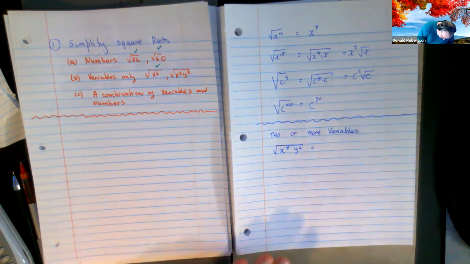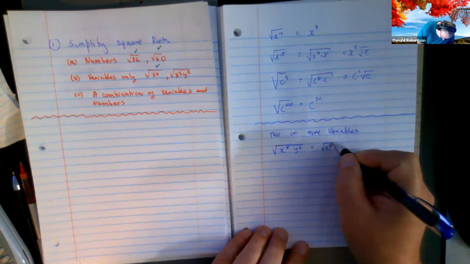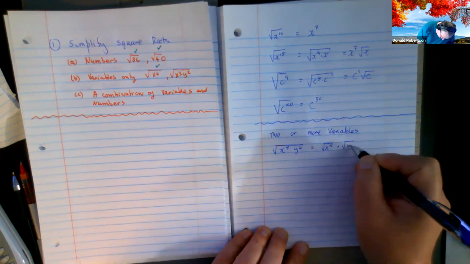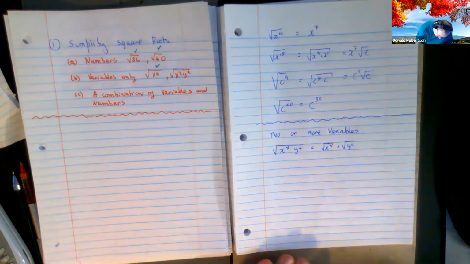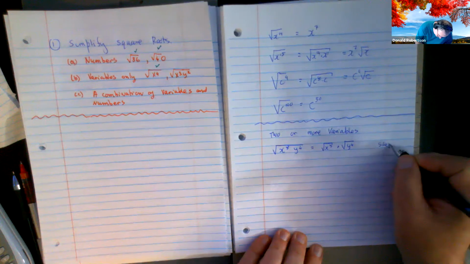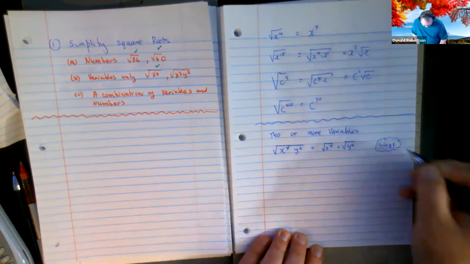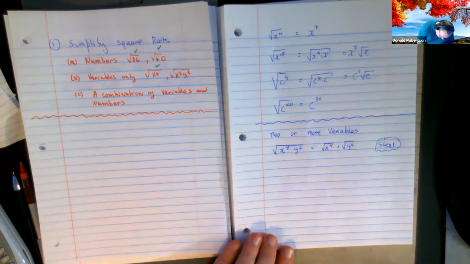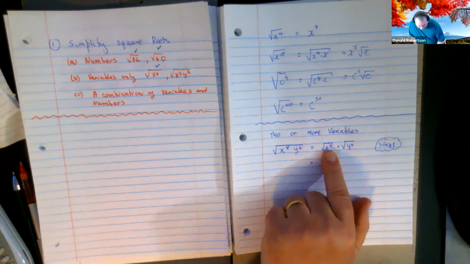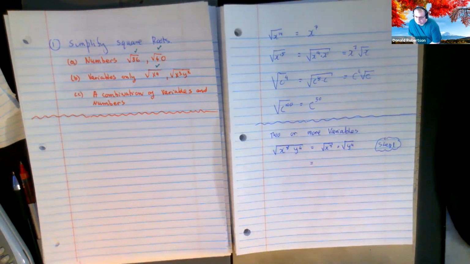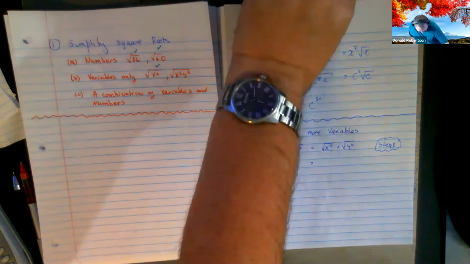Step 1: split your 2 variables into individual square roots. That's step 1. Step 2: take each square root and treat it separately, and use the rules that we've already been using, these rules up here.